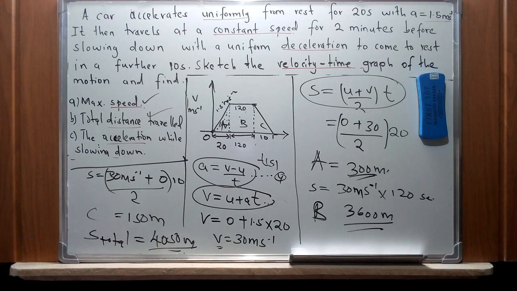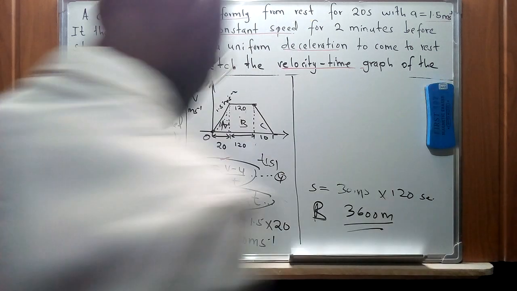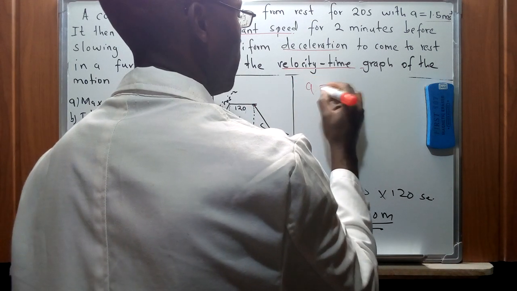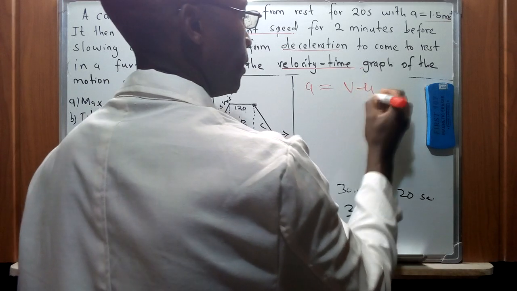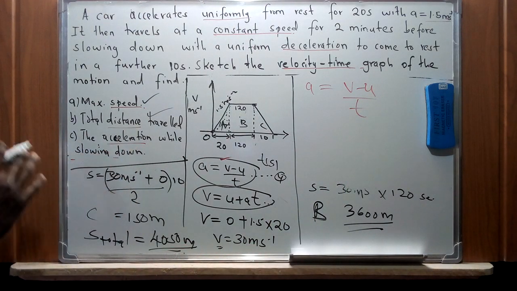Acceleration is change in velocity over time. So in that case, we are still going to use this first set of formulas to find acceleration. I'll just use that formula and do away with this, and write acceleration equals change in velocity over time. We have been asked to find the acceleration while slowing down, which is referred to as deceleration.